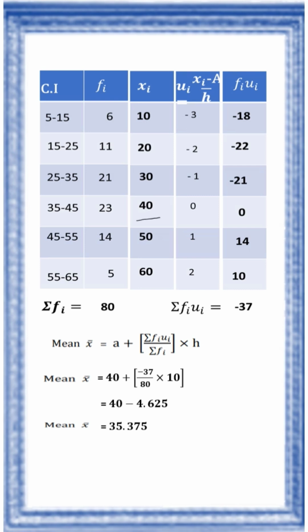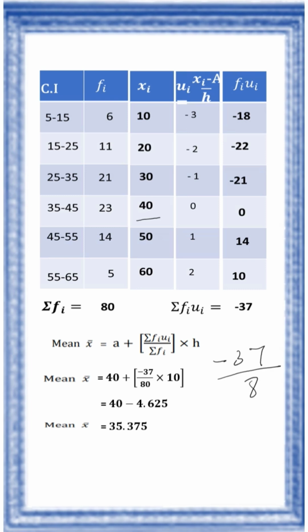Let us substitute the values. So mean is equal to 40 plus negative of 37 by 80 into 10. Here 0 and 0 get cancelled. So negative of 37 by 8. I'll solve this one for you.